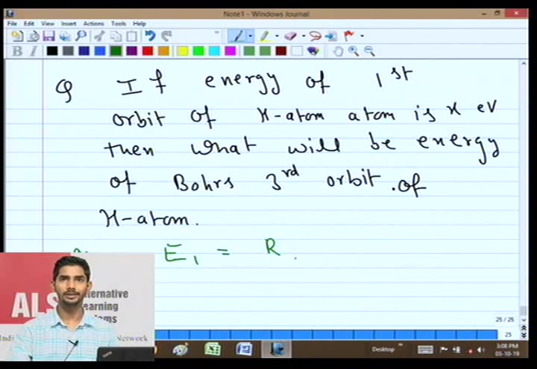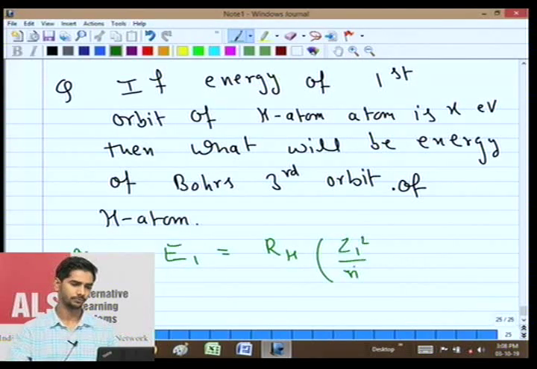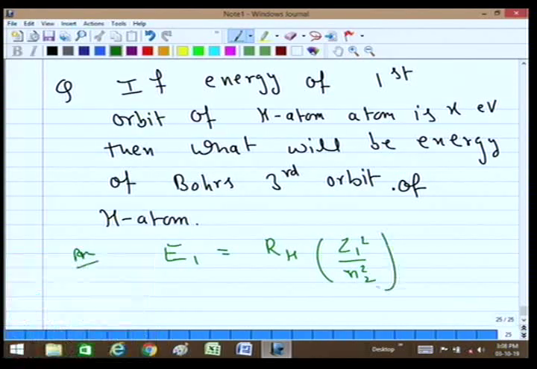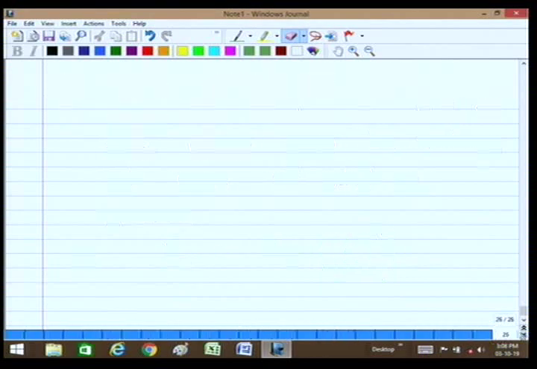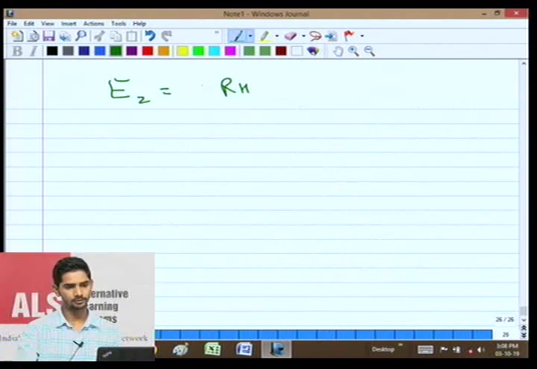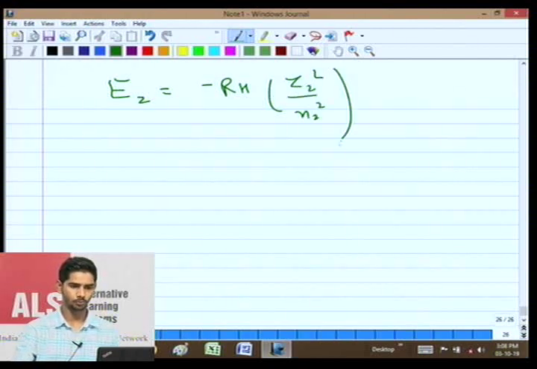That constant, take it as R. RH with negative sign, Z1 square upon N1 square, and E2 would be RH Z2 square upon N2 square, with negative sign.